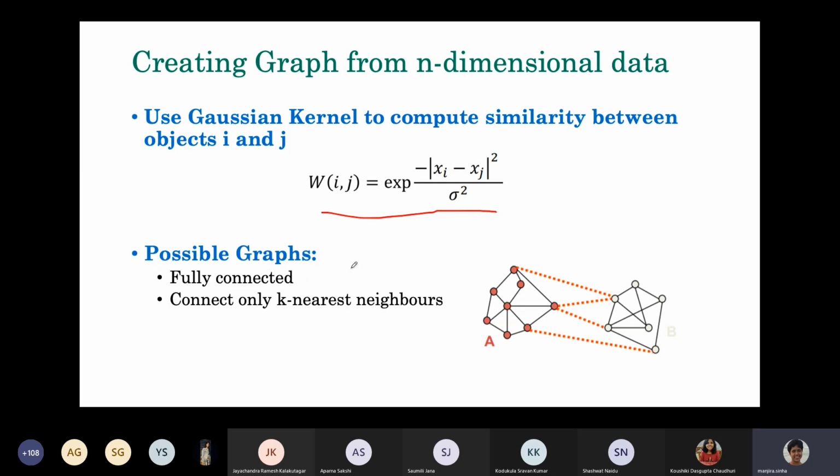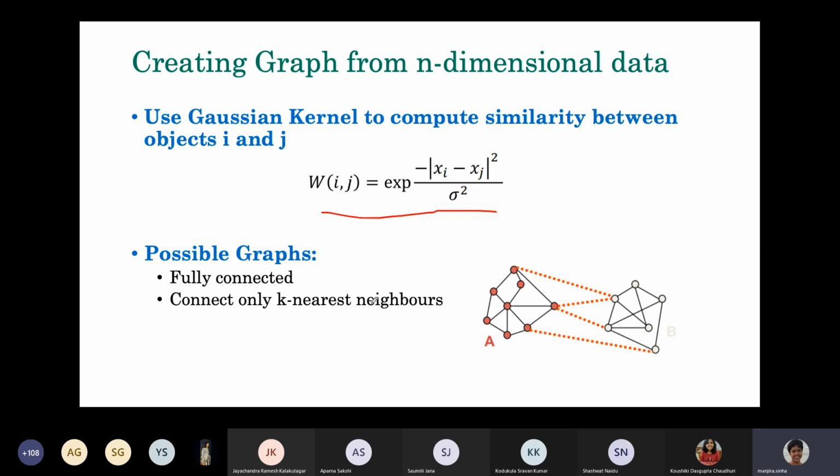So there can be two possible types of graphs that we can generate. One is the fully connected graph, independent of the similarity values between two nodes.